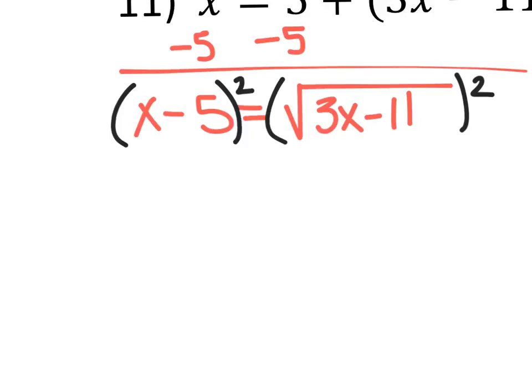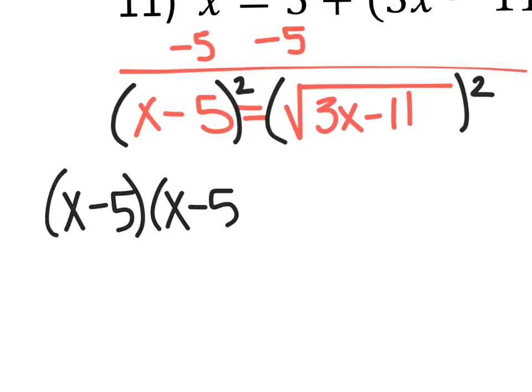So then this would really be the quantity x minus 5 squared, not the number 2, like the quantity 2 of these, equals 3x minus 11, because when you square a square root, they cancel each other out. And then I FOIL x minus 5 times x minus 5. I'm not actually going to FOIL that because I think you know how to FOIL well.